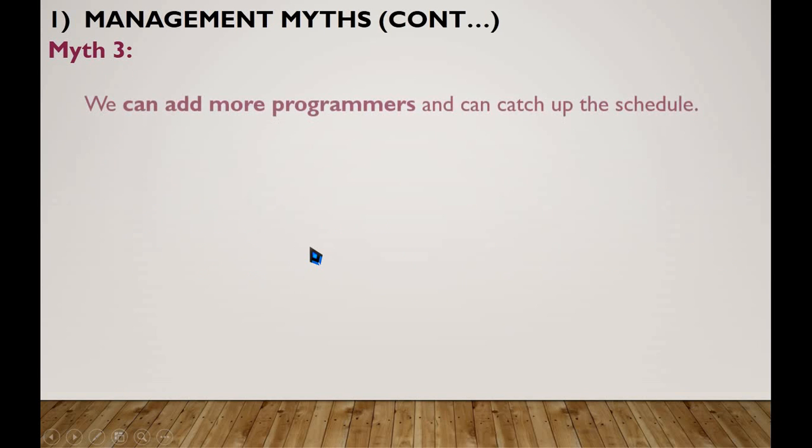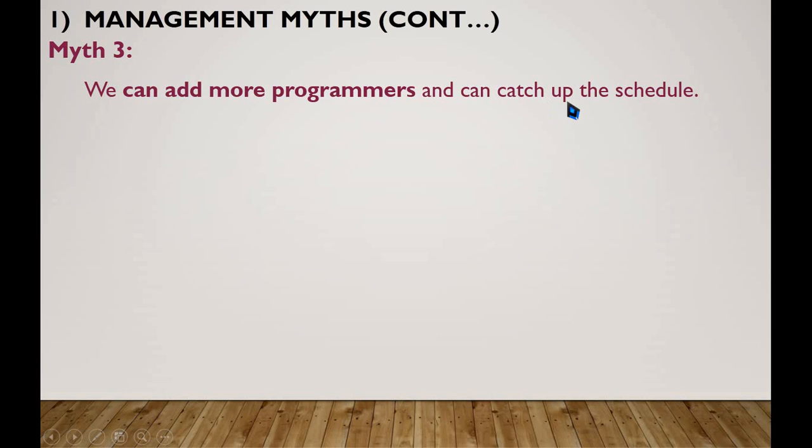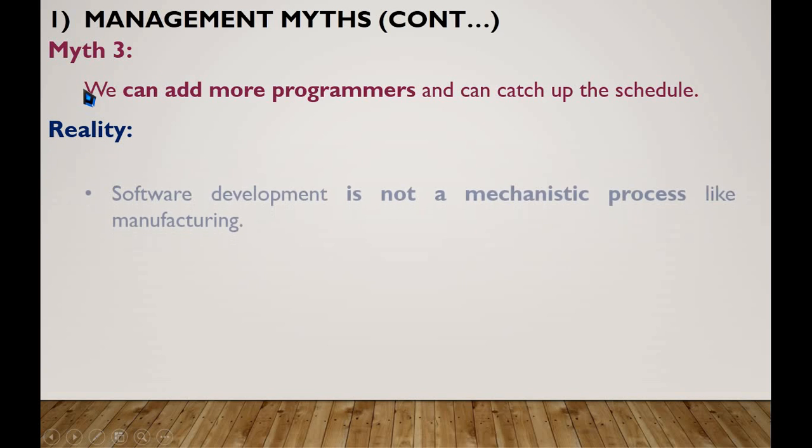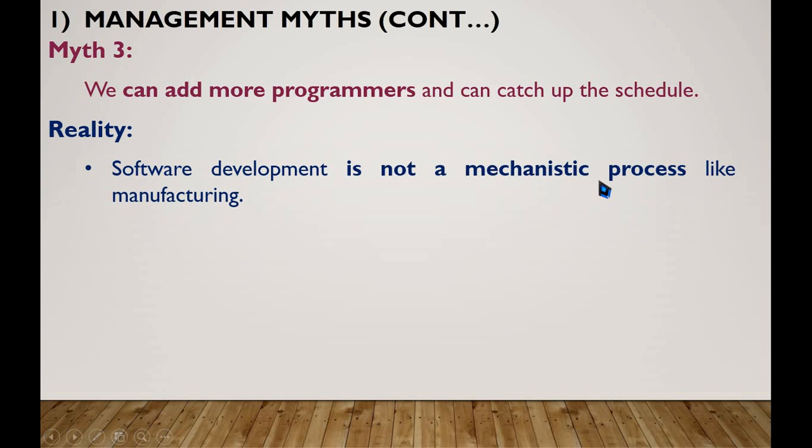The third myth: we can add more programmers and catch up with the schedule. Meaning if any company is late in product development, and management thinks that if we add more programmers we can deliver our item by the deadline, then that is also a myth. Why? Because in reality software development is not a mechanistic process like manufacturing.